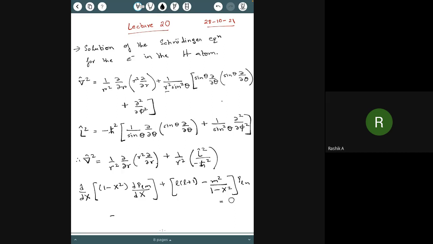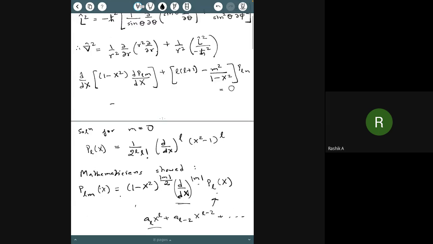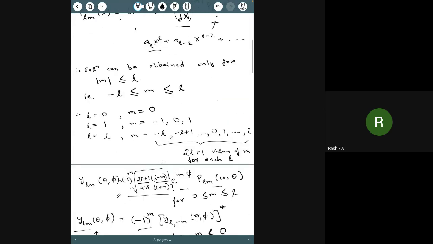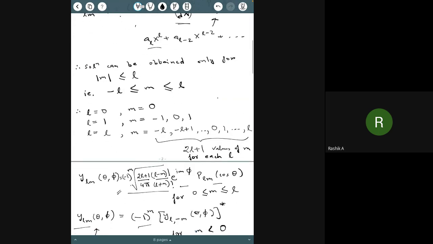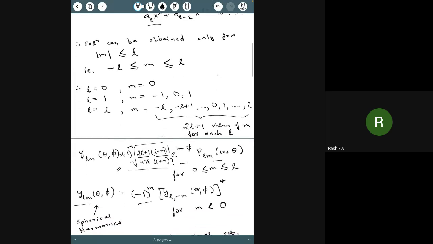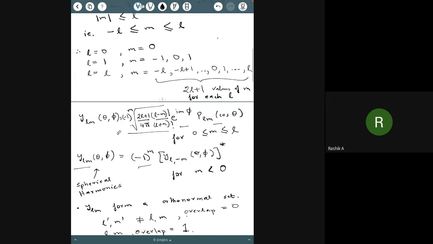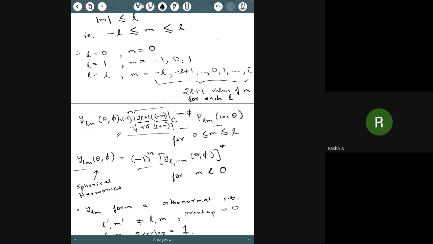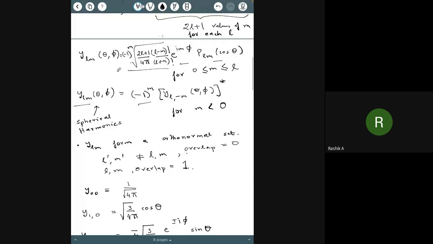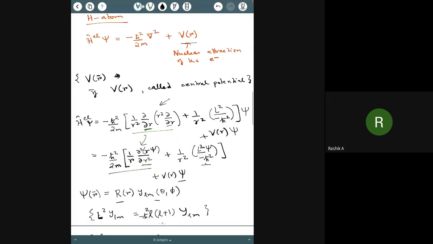Then we used that knowledge to simplify the Schrodinger equation for the hydrogen atom, and we used the solutions for the angular part, which we call spherical harmonics, and then we obtained an equation only for the radial part.